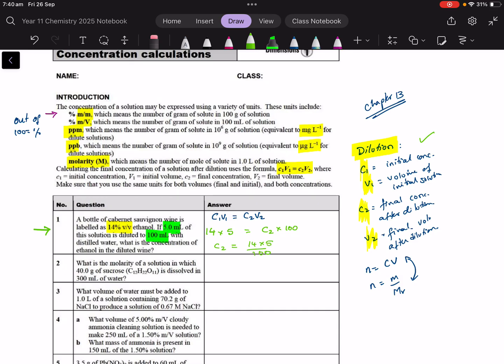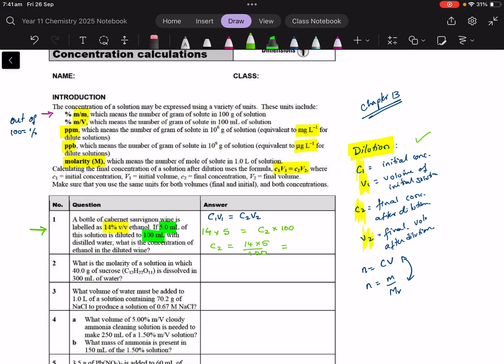So basically I've taken the 100, divided both sides by 100, and that's going to give me the concentration of the new solution, which is equal to 0.7% volume over volume. Important for us to write the unit as it appears in the starting solution, because we haven't changed any units.